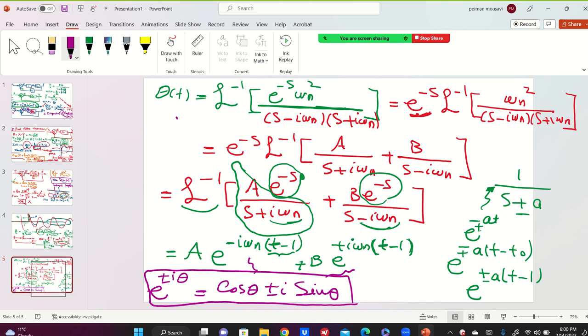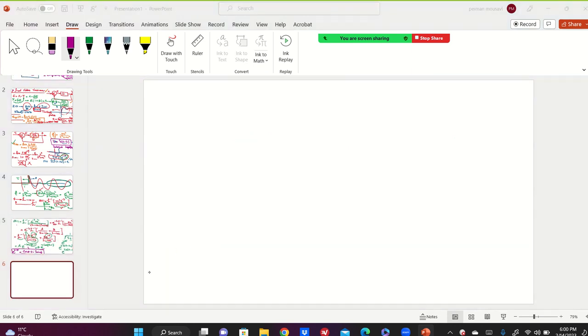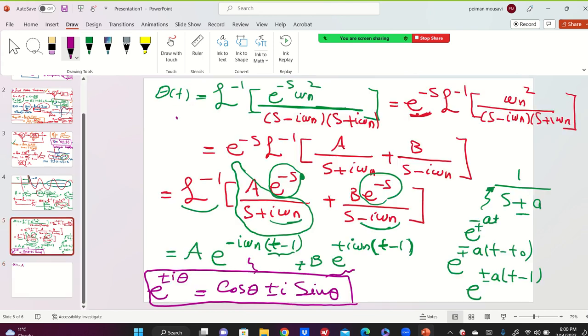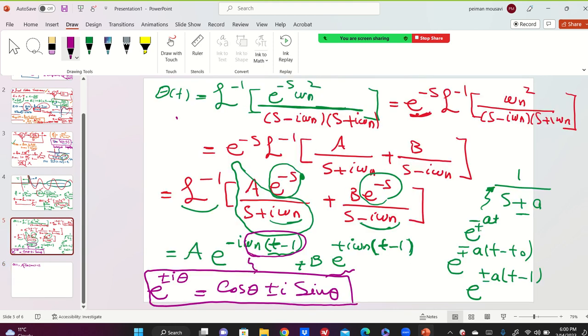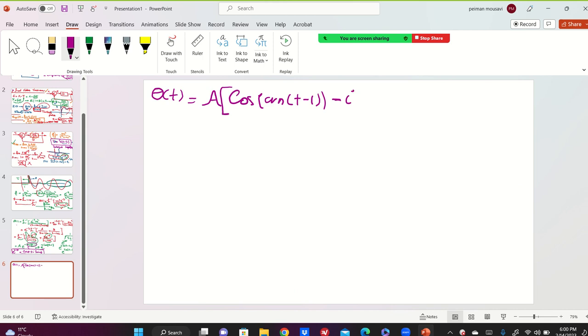Okay. Being said, the angle theta is going to be A times cosine omega n (t minus 1), minus i sine omega n (t minus 1).